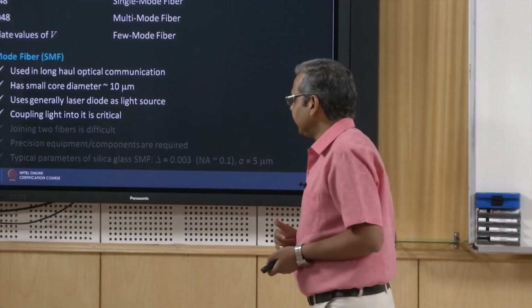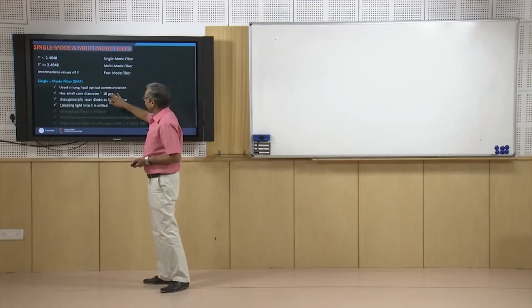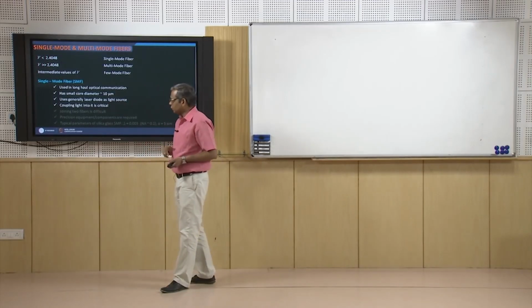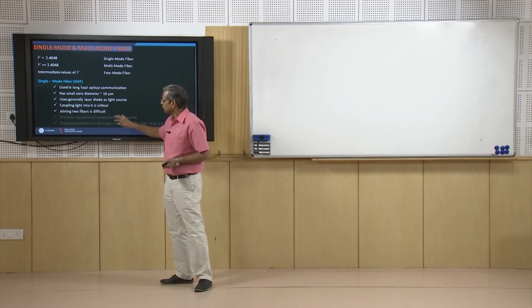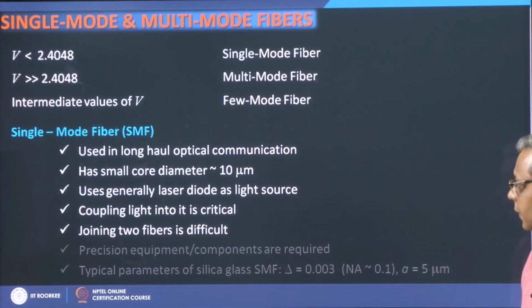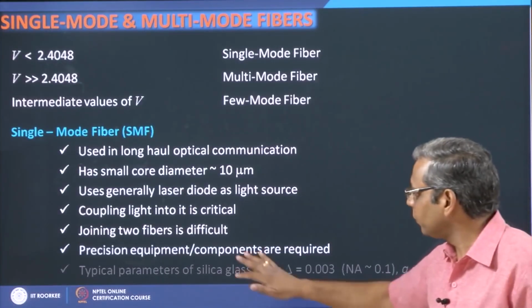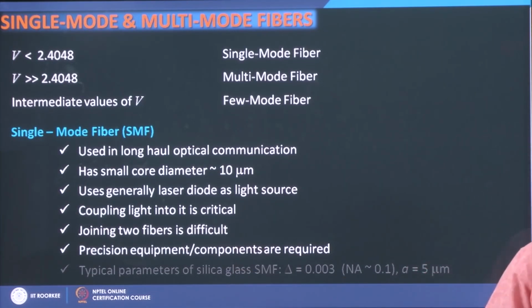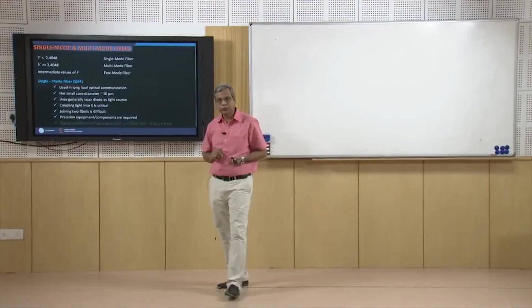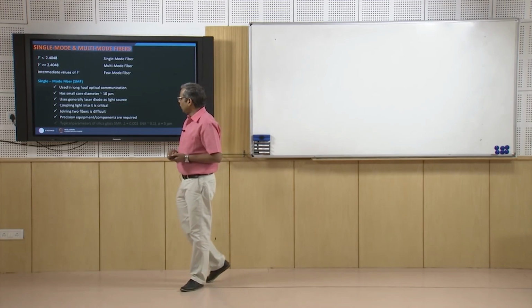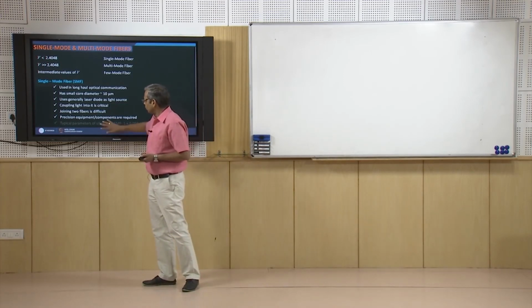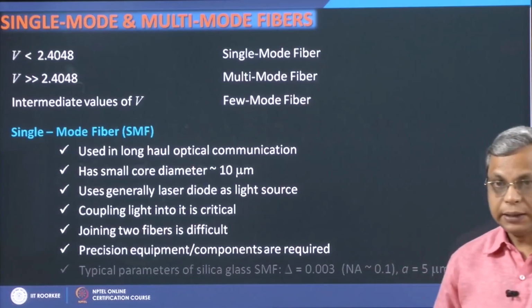And since the dimensions of this fiber are very small, joining two fibers is difficult. You require precision equipment while handling and working with this fiber, and the components which are used in the system which employs this fiber should also be very compact and precise.